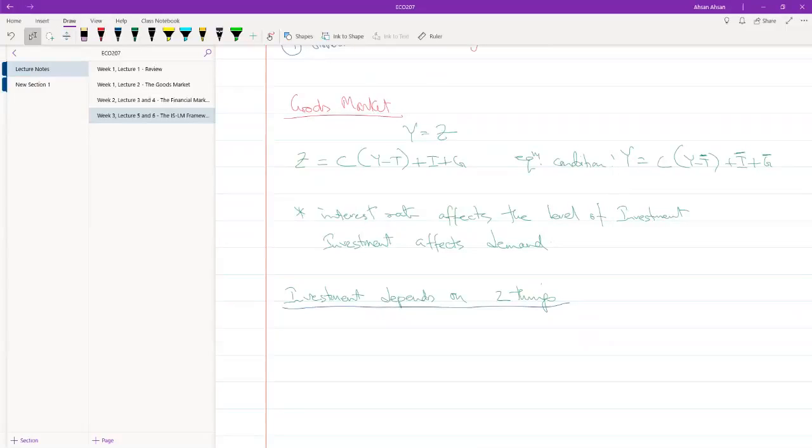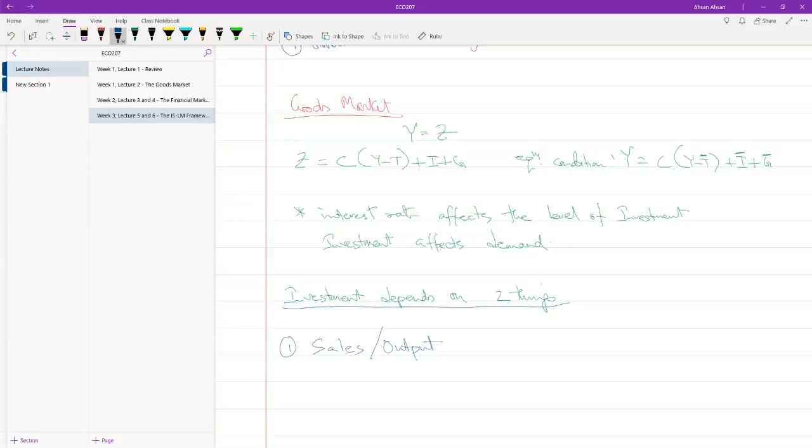So what will that depend on? A firm's decision to invest in buying new, more machineries. What will that decision depend on? Number one is obviously sales or output. So if the demand for your goods is going up, you have to produce more to sell more.